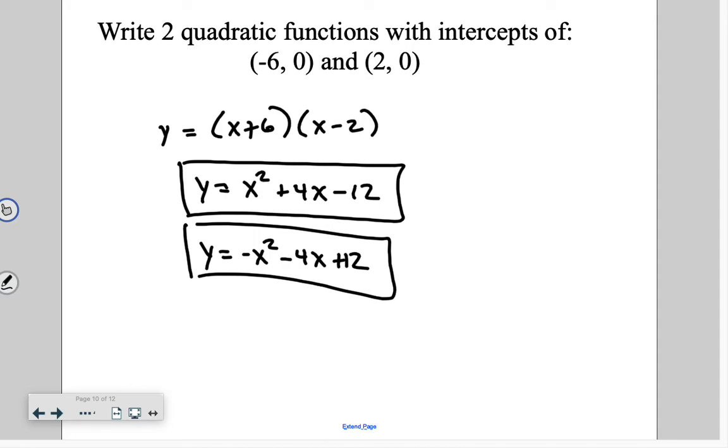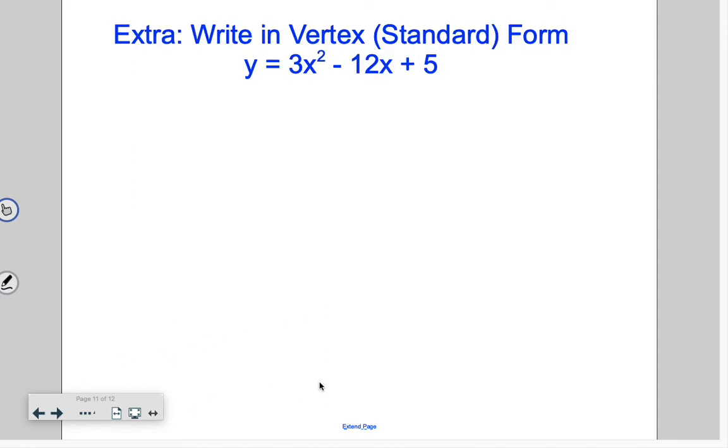All right, last one. And this one will be a fairly quick one. Let's say we start with an equation that's in standard form, but I want to take a look at it. I want to be able to change it into vertex form. Okay, I want to go from one form to the other.